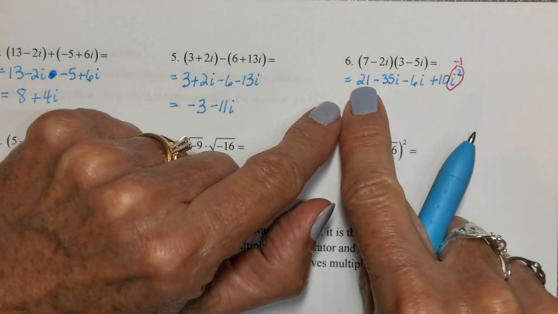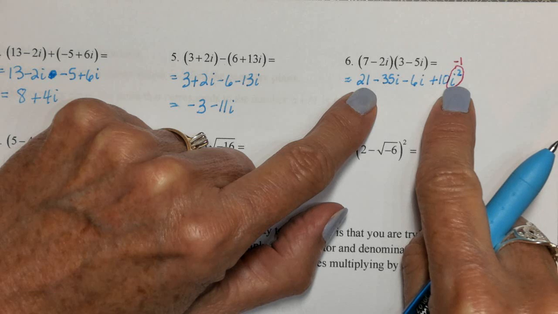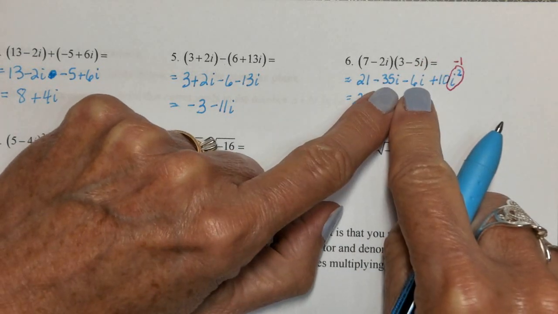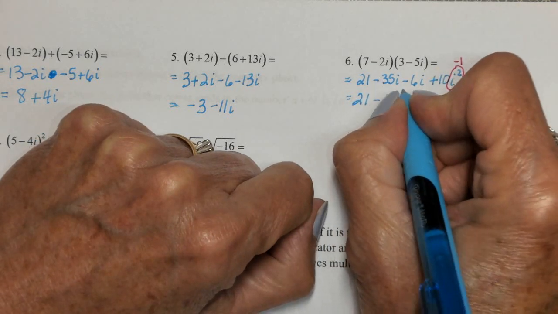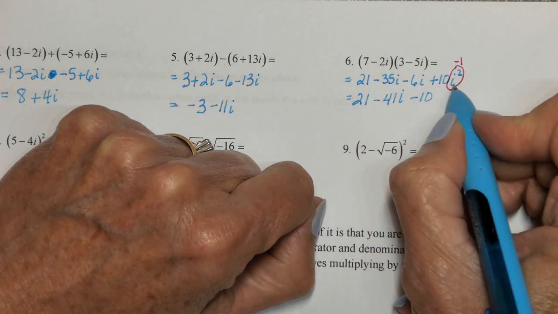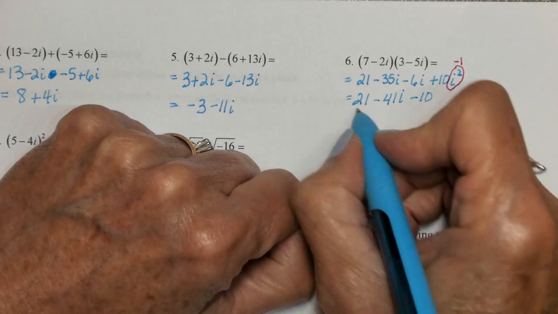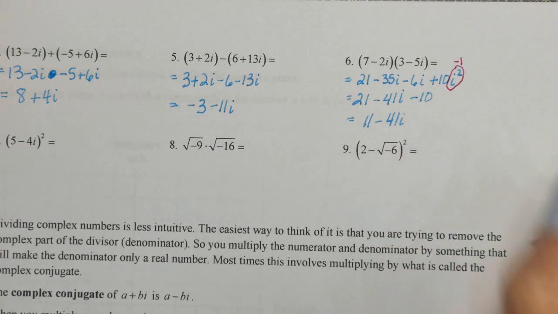So this is 21 minus 10, right? In fact, for the sake of your notes, I will write that together. Negative 35i minus 6i is negative 41i. And then this would be a minus 10 back in the back. i squared will change this sign to make it a minus. So then we have 11 minus 41i, 21 minus 10.